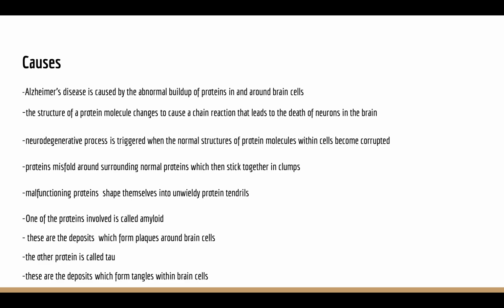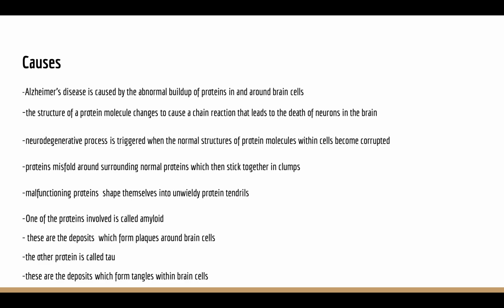In the neurodegenerative process, the protein molecule cells become corrupted. The proteins misfold around surrounding normal proteins, and then they stick together in clumps, and then they become unwieldy protein tendrils.